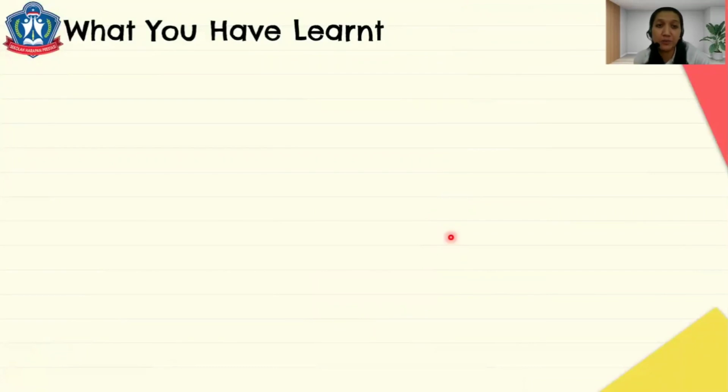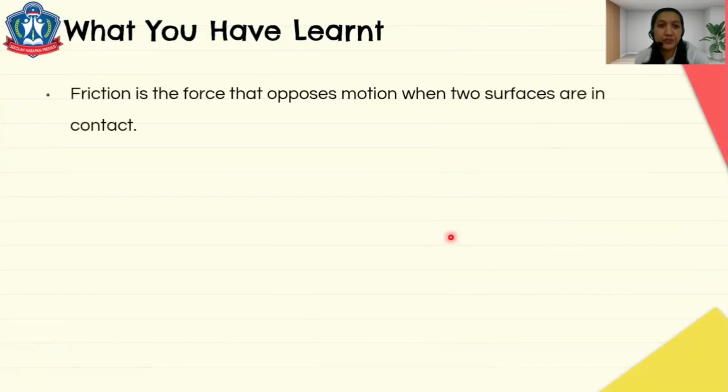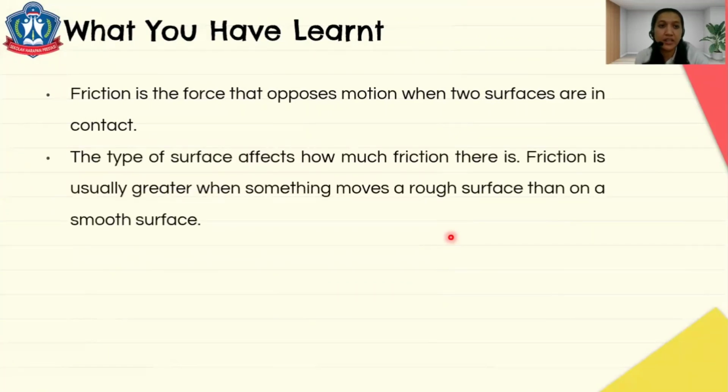Now let's recap what you have learned. First, friction is the force that opposes motion when two surfaces are in contact. The type of surface affects how much friction there is. Friction is usually greater when something moves on a rough surface than on a smooth surface.